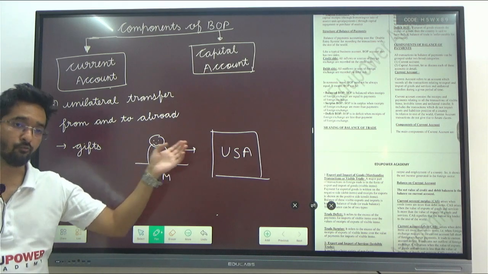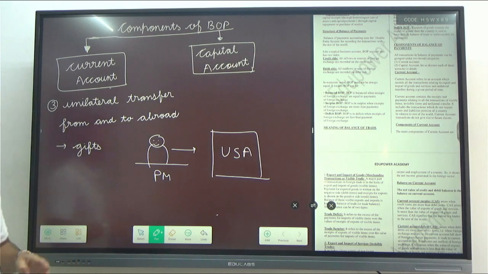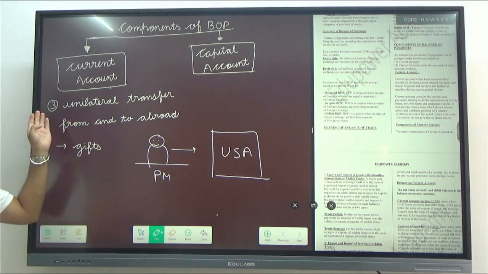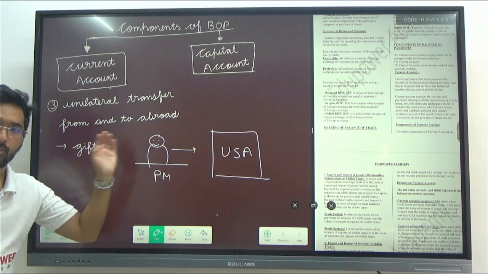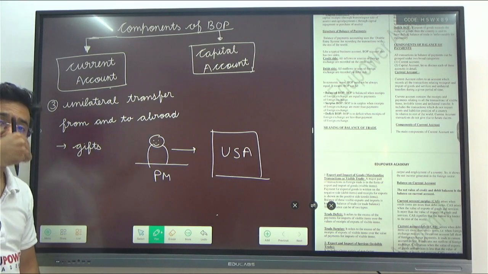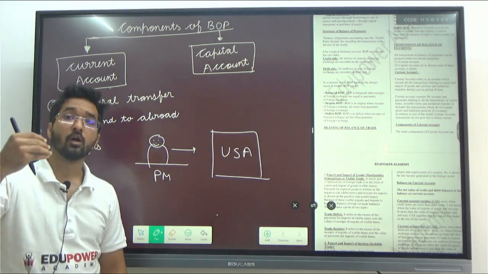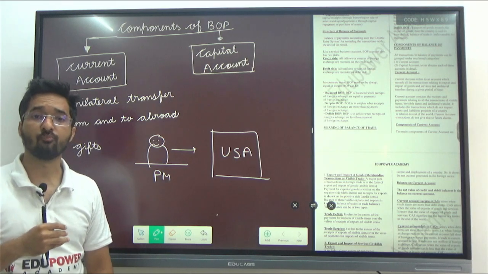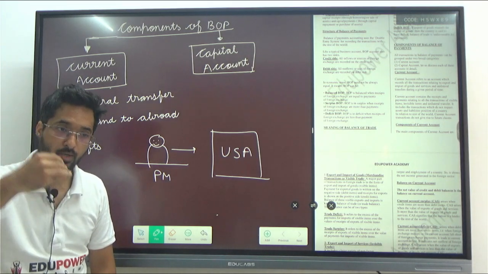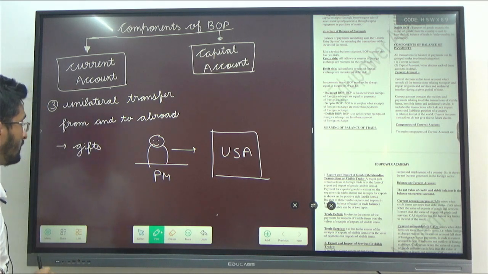That gift will be recorded on the BOP under the head unilateral transfer from abroad. Money has flowed into India, so that will be recorded on the credit side of the balance of payment. Credit side, money is being credited in India. Okay, gifts.